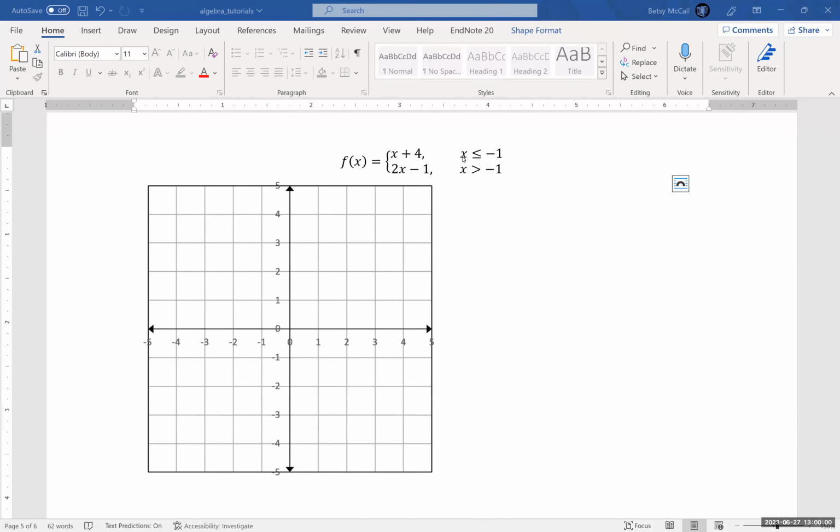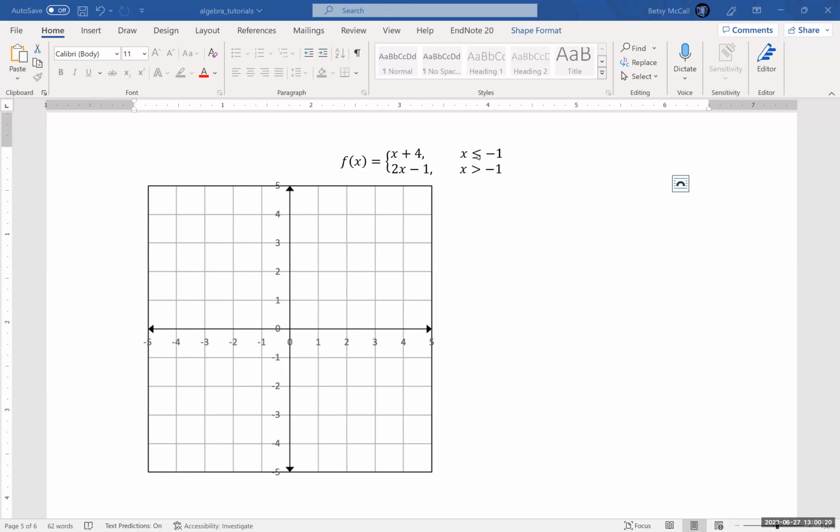So to plot x plus 4, we're going to start with x is equal to -1. So that's where the line ends. Now, because there's an equal sign on this value of x, we're going to draw in a closed circle to indicate that that point is included in that piece.